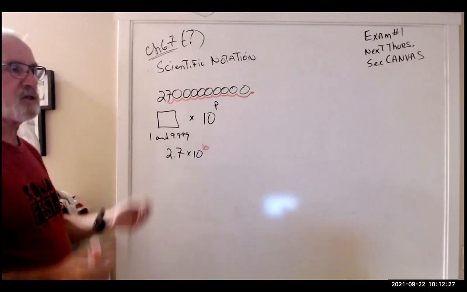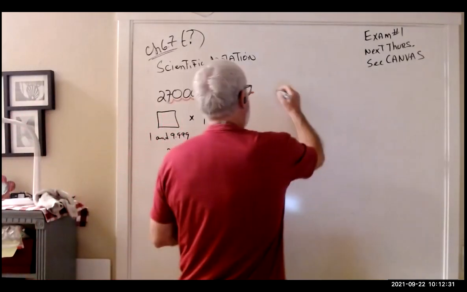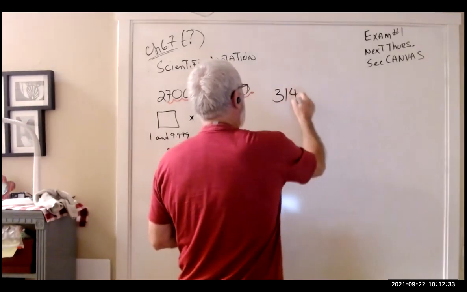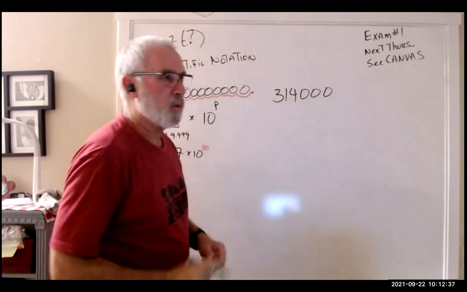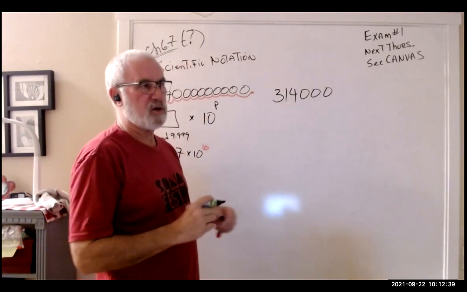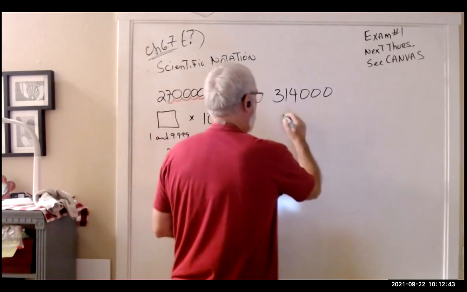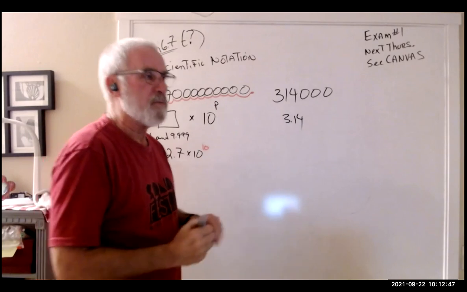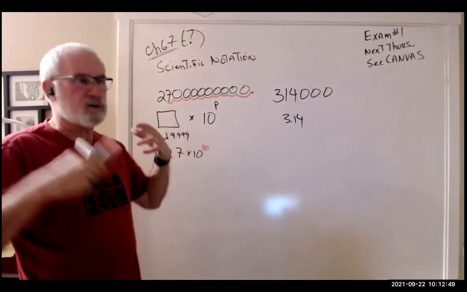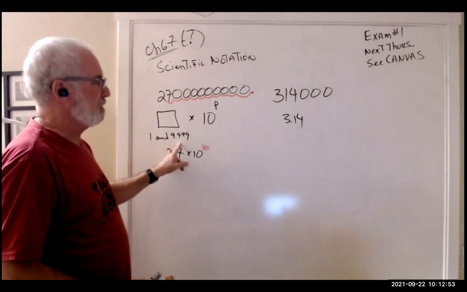So if you guys have done some of your homework, it'll be like 314,000, and we want to convert that to scientific notation. Well, the first thing you do is you look at that and you think of it as 3.14. You just simply force it to be between 1 and 9.999, whatever that is.